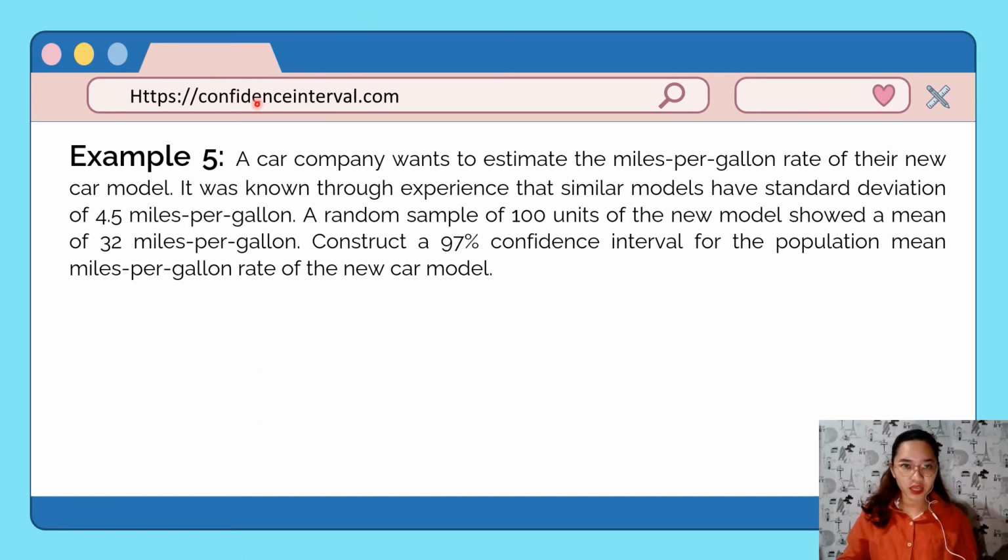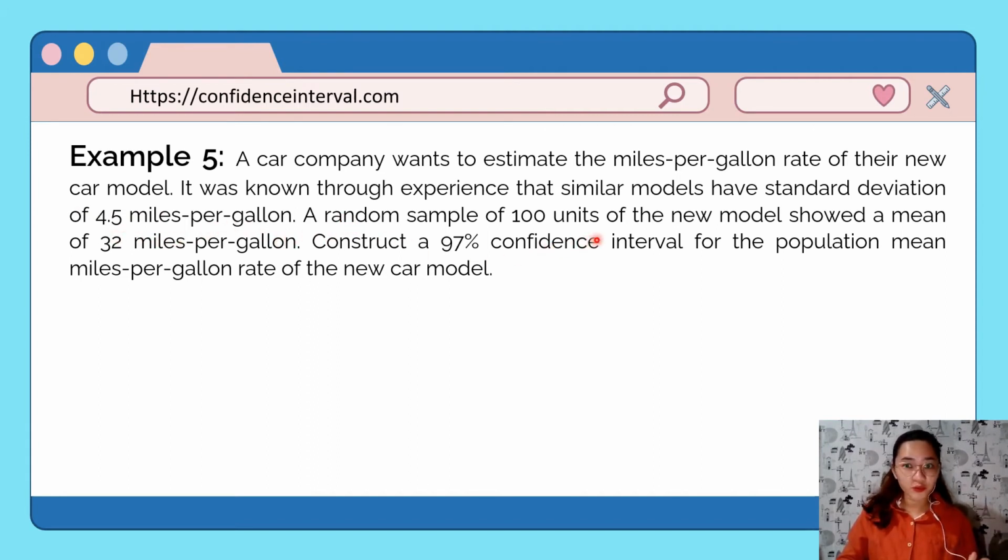May situation naman tayo ngayon dito. A car company wants to estimate the miles per gallon rate of their new car model. It was known through experience that similar models have a standard deviation of 4.5 miles per gallon.